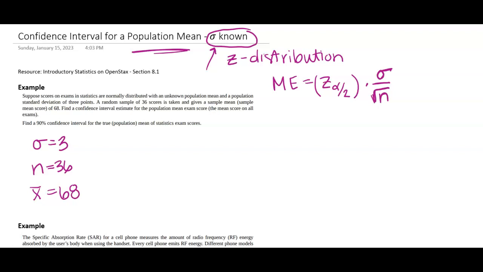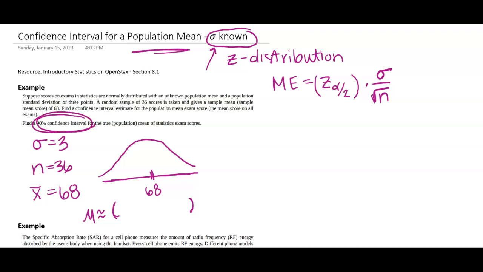So we know that these scores come from a normal distribution. We're going to center our distribution around that point estimate of 68. And I'm trying to figure out, using that point estimate, what interval around 68 I think the mean is inside. And I'm going to use a 90% confidence interval.